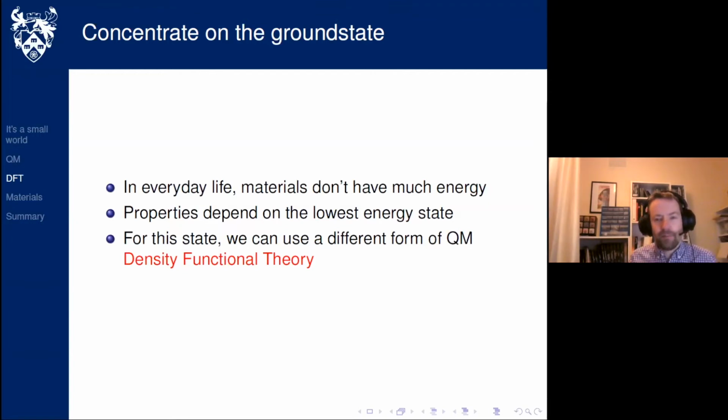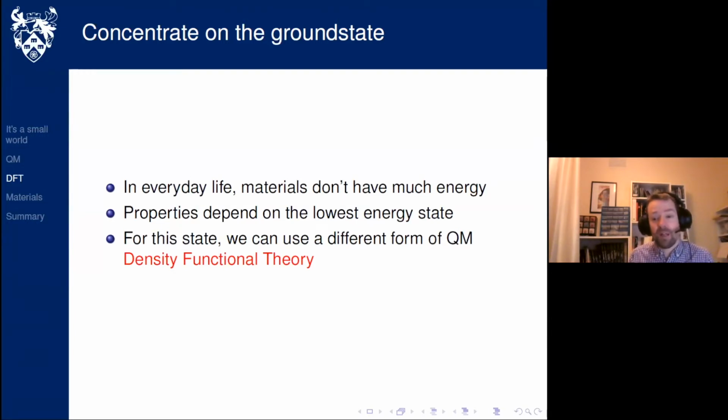Well, in everyday life, materials are dominated by the lowest energy state that they can be in. So if you pick up any material, wood, plastic, metal, whatever it might be, the electrons in it are pretty much all in the lowest possible state. And in fact, that there is a lowest possible state is one of the first predictions of quantum mechanics.